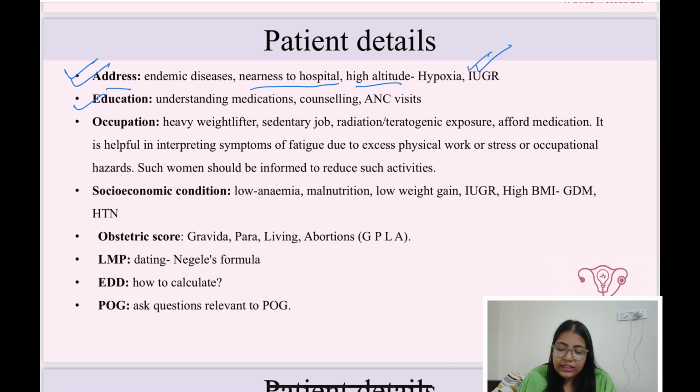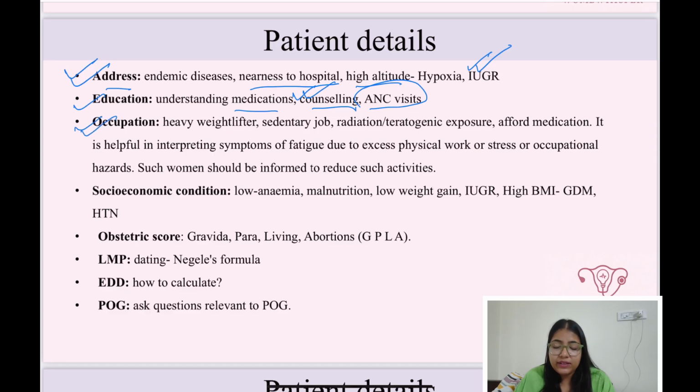So in understanding medication, when we counsel the patient about any high risk, or suppose in diabetes we counsel the patient about diet or exercise, educational background is important to understand the counseling also, and we explain to her how to have ANC visits, like 4 weekly, 2 weekly, 1 weekly.